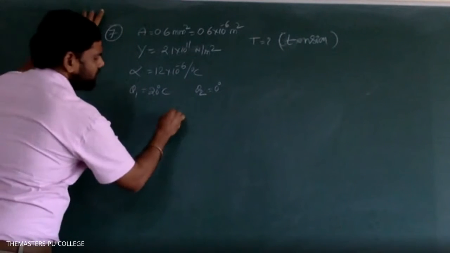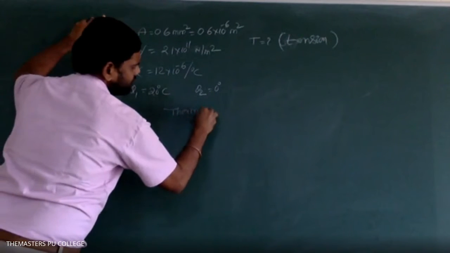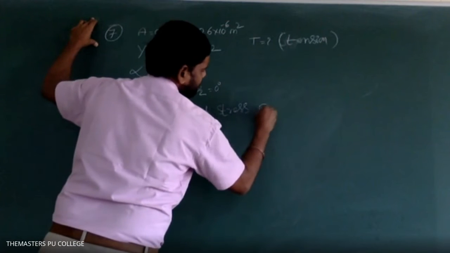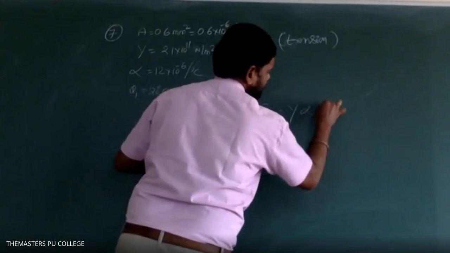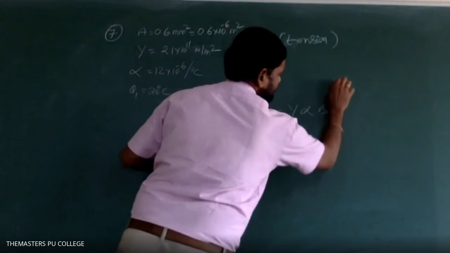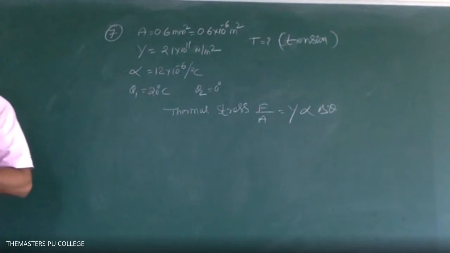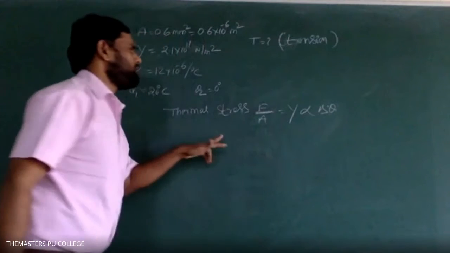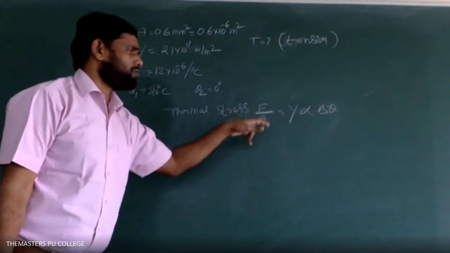So from this, what can we write? The thermal stress formula: F by A is equal to Y alpha into delta theta. Here F stands for the force acting per unit area in the rigid bar due to the temperature difference, known as the stress.